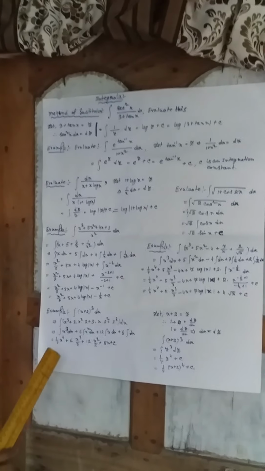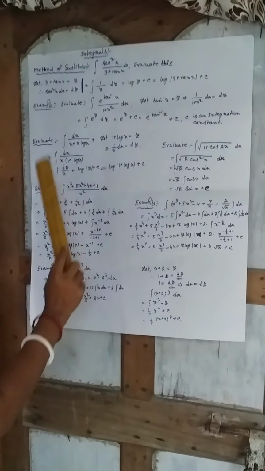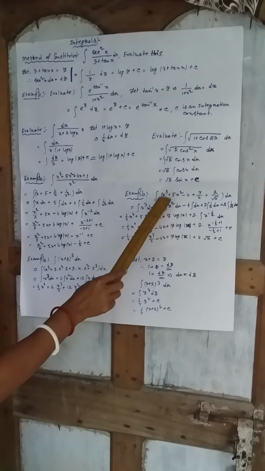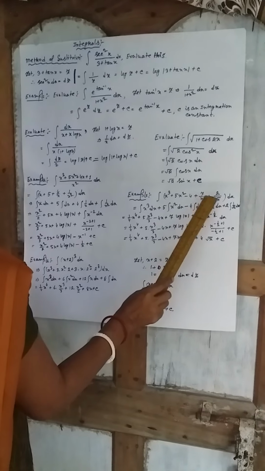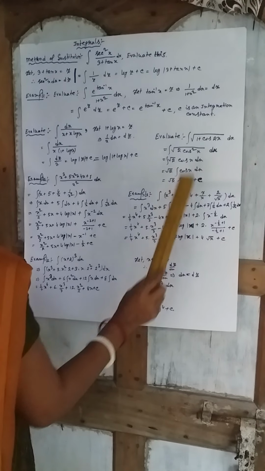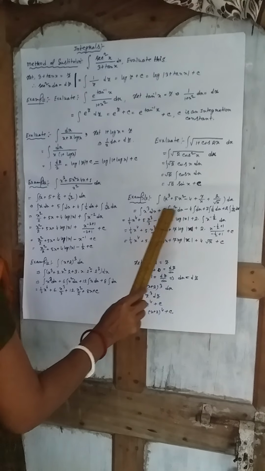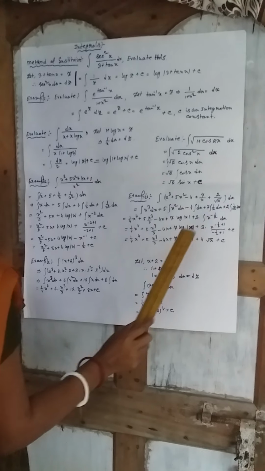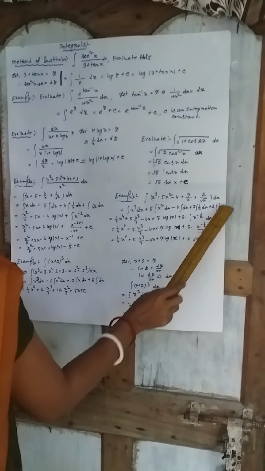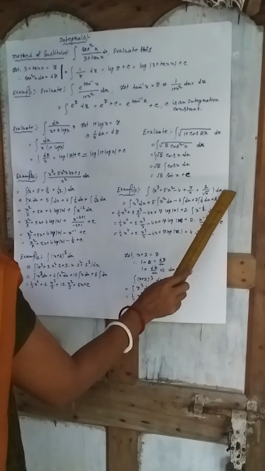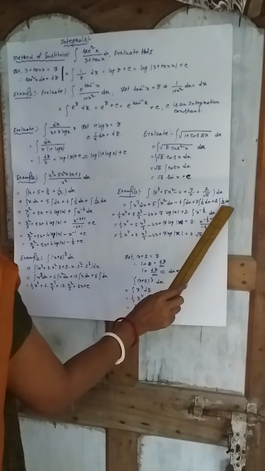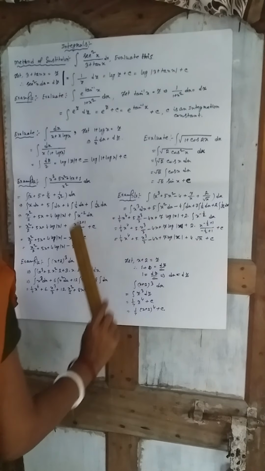Now the next example is integration of x cube plus 5x square minus 4x plus 7 by x plus 2 by root x dx. Now again we separate all the functions, and 1 by root x means x to the power minus half.